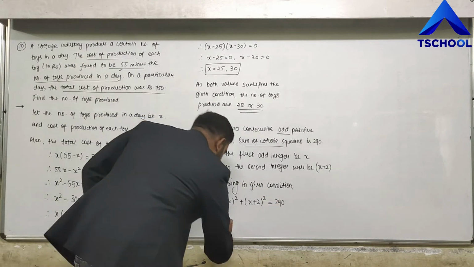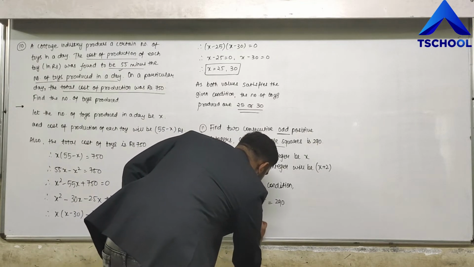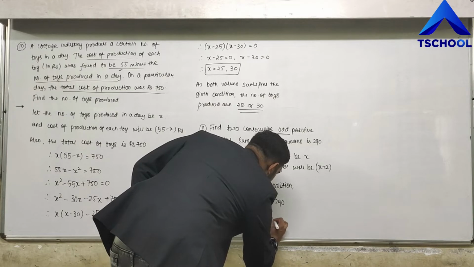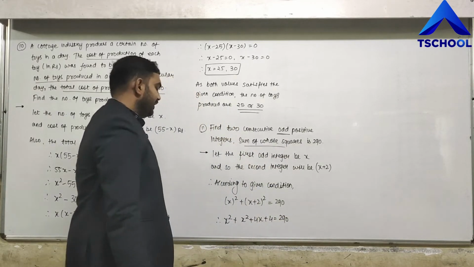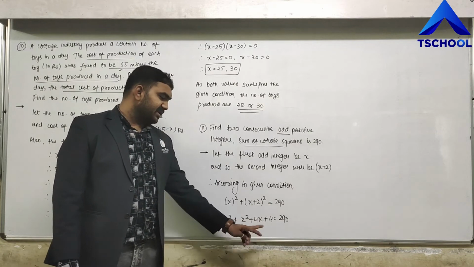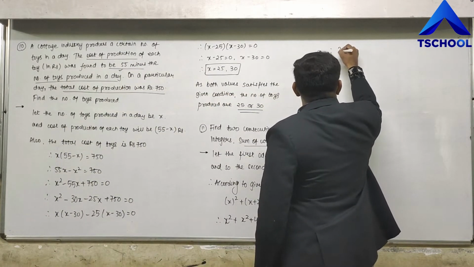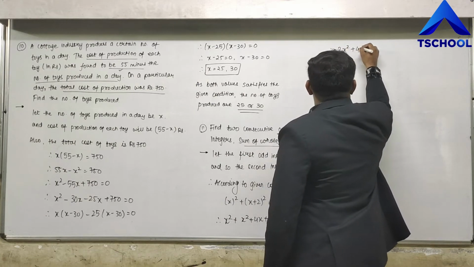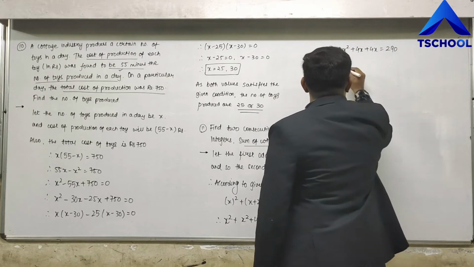Solve it. We shall get x square plus x square plus 4x plus 4 is equal to 290, right? This (x plus 2) whole square is x square plus 4x plus 4, and that gives me 2x square plus 4x plus 4 is equal to 290.